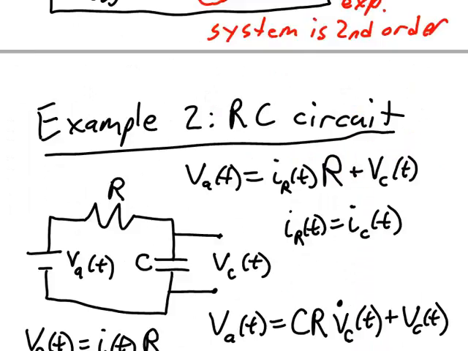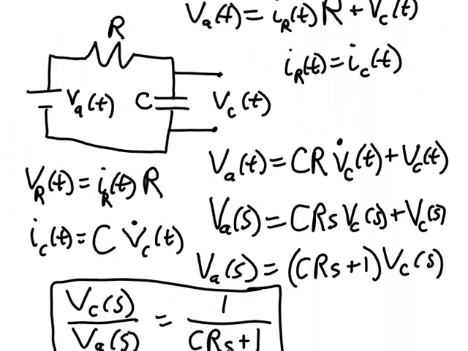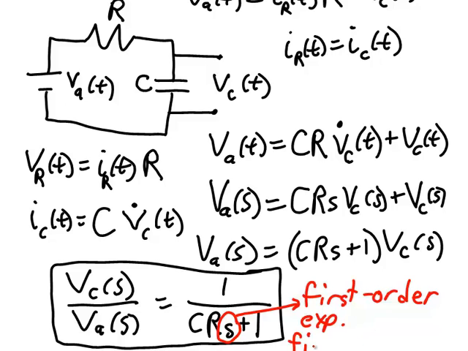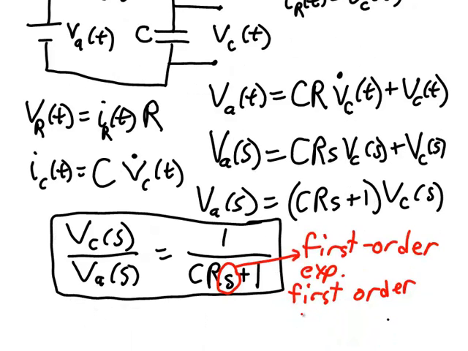You see that the denominator in this equation has s to a maximum power of 1. That clues us in that this system is a first-order system.